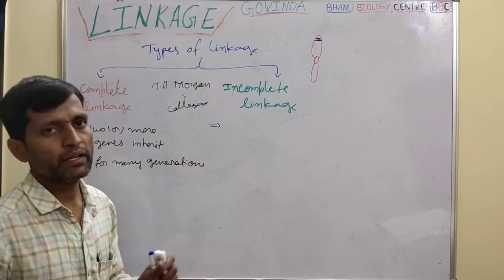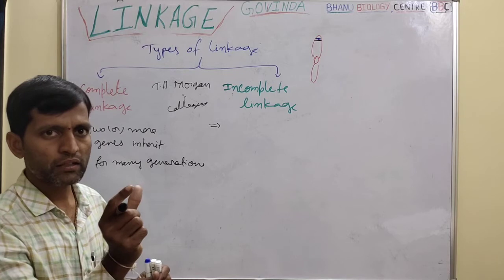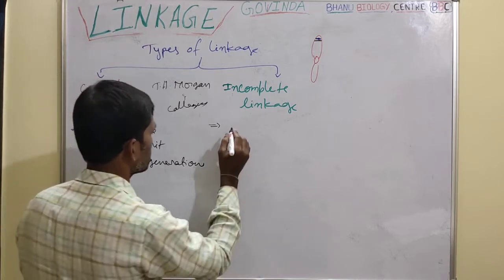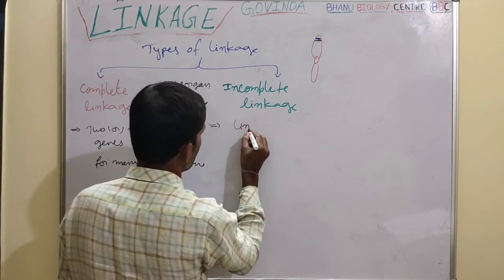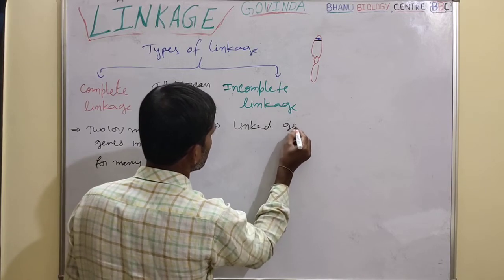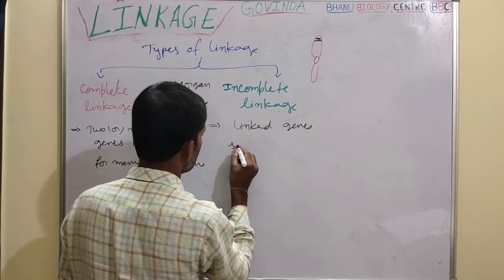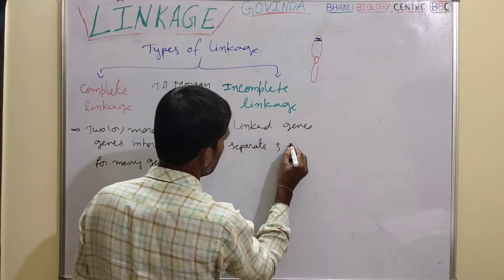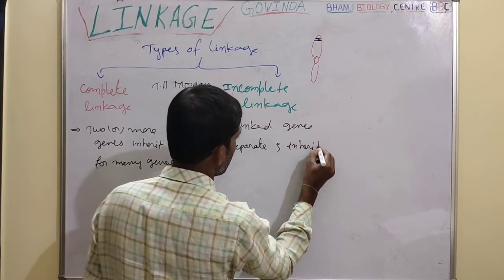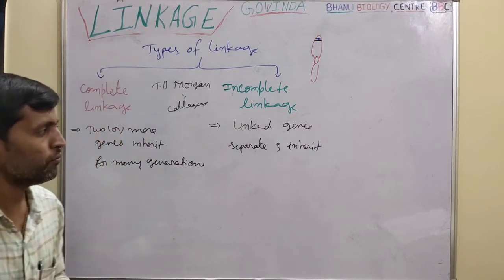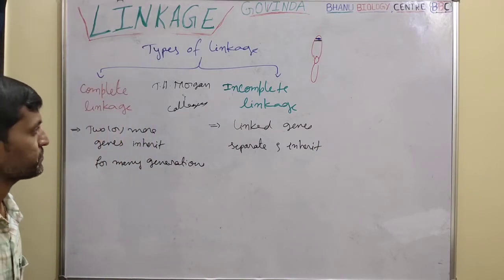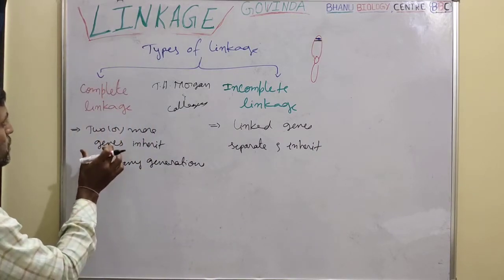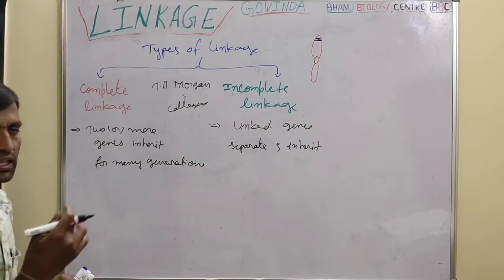At the time of inheritance, they will separate and enter the progenies. Linked genes separate and are inherited separately. So let us see examples for complete linkage and incomplete linkage.